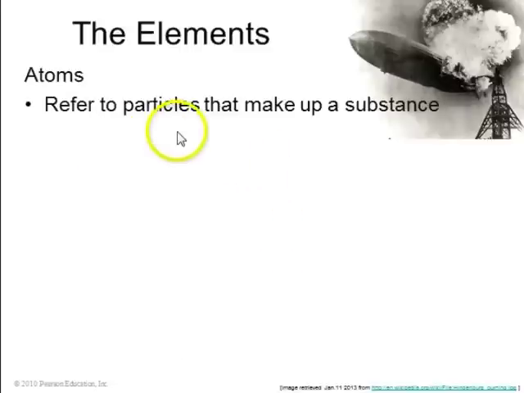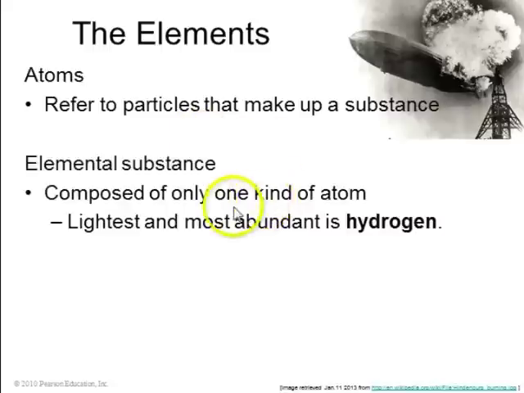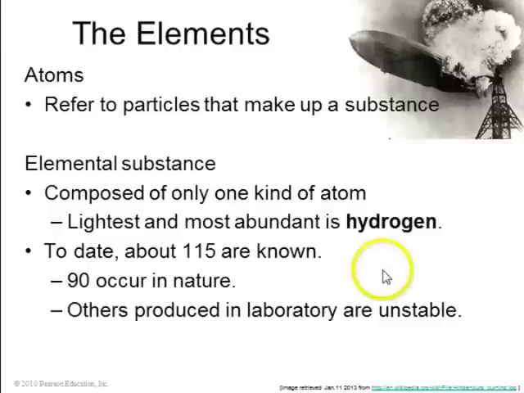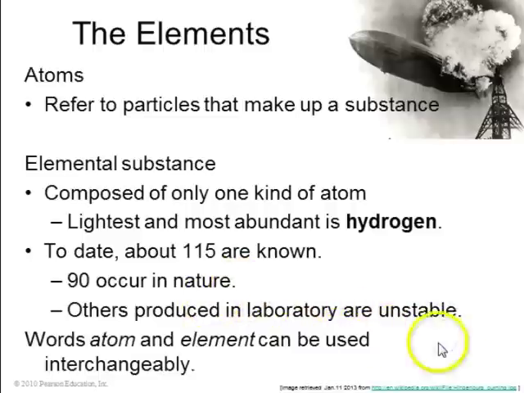So atoms refer to the particles that make up a substance. If it's an elemental substance, that means it's only got one kind of atom in it. So this blimp is filled with hydrogen, which is the lightest and most abundant element in the universe. There are about 115 elements known, 90 of which occur in nature, and others are unstable, so they only get produced in the laboratory.